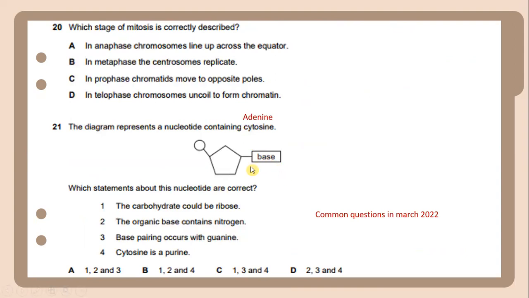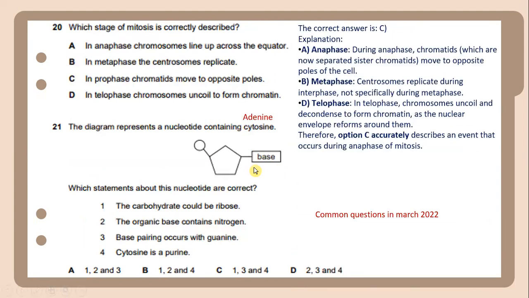Which stage of mitosis is correctly described? The answer will be C, which is in anaphase, chromatids move to opposite poles. Let's look into the explanation of why the answer is C. Anaphase, during this phase, the now separated sister chromatids move to opposite poles of the cell.